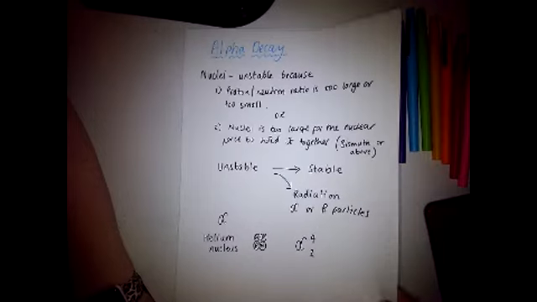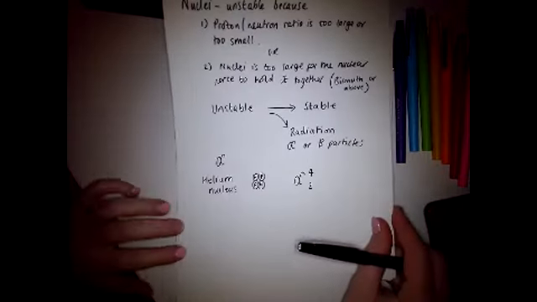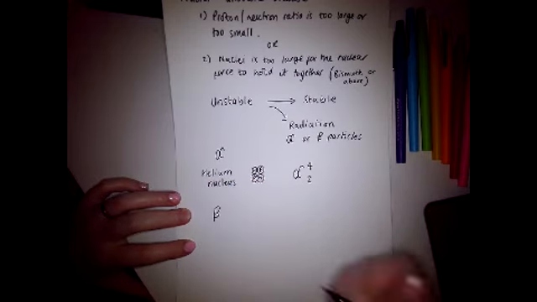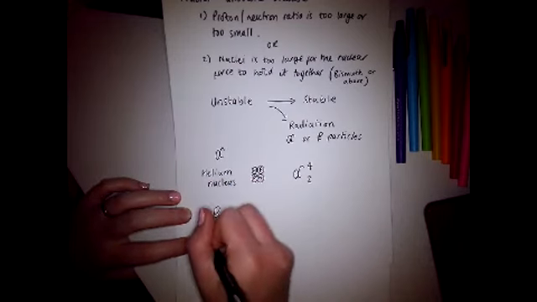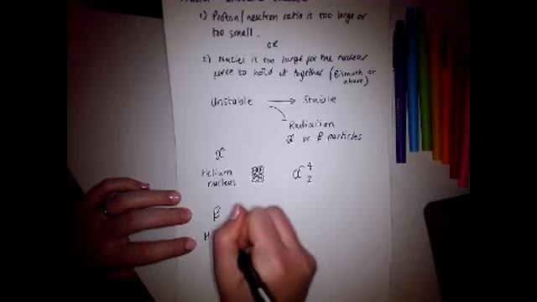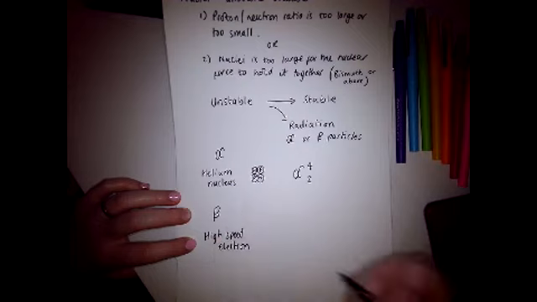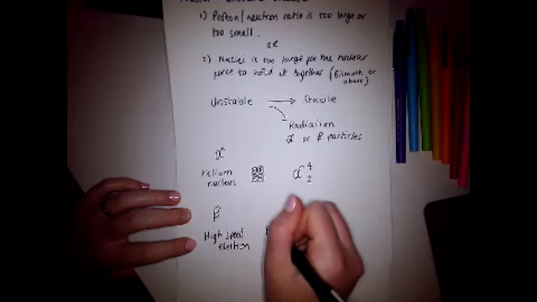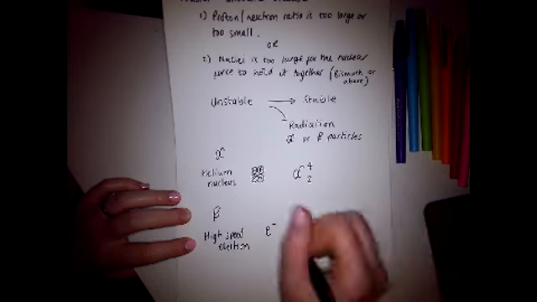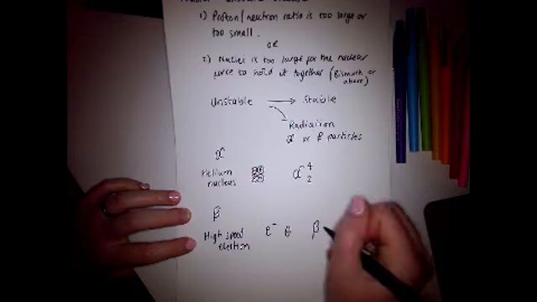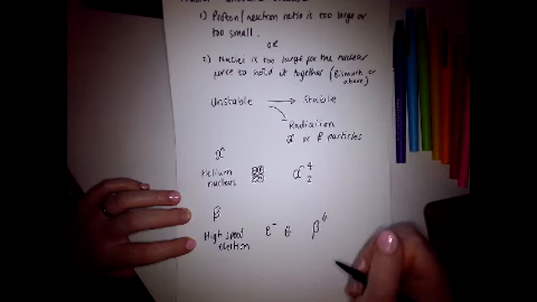And then I'll just move my paper. We're just going to go over beta particles. A beta particle is just a high-speed electron. The symbol for that is literally e minus, or you might want to draw it as a circle with a minus symbol in it. And when we draw a beta symbol, it's a beta with 0 mass.